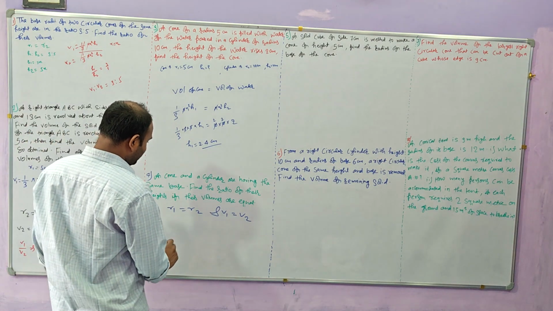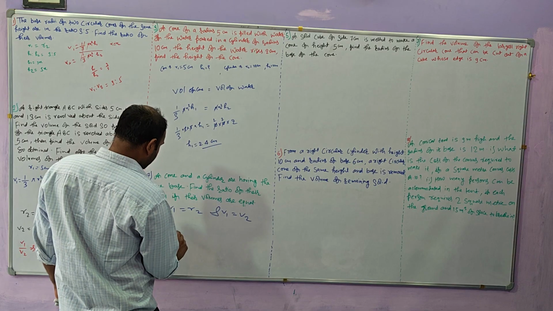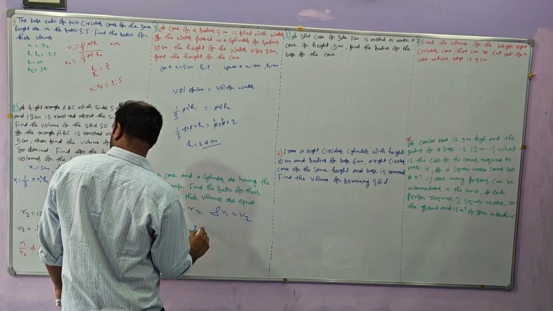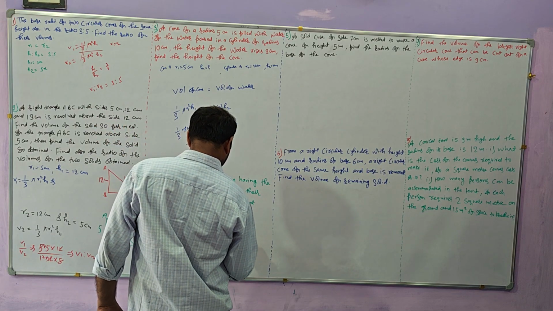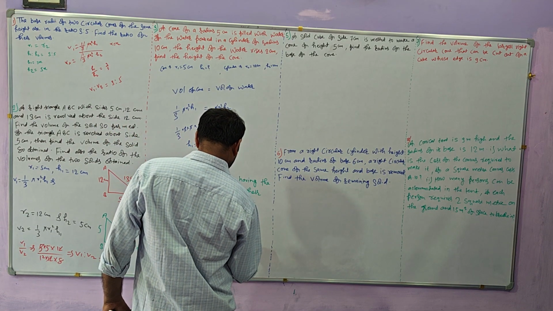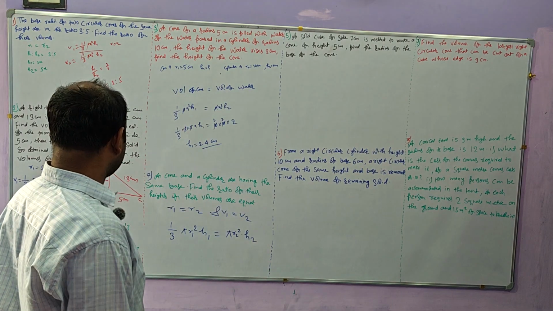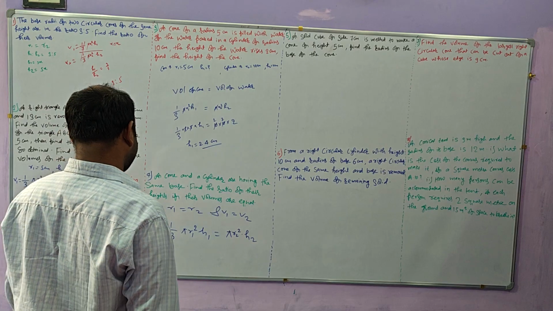So we can say that 1 upon 3 pi R1 square H1 is equal to pi R2 square into H2, and we need to find the ratio of their heights.